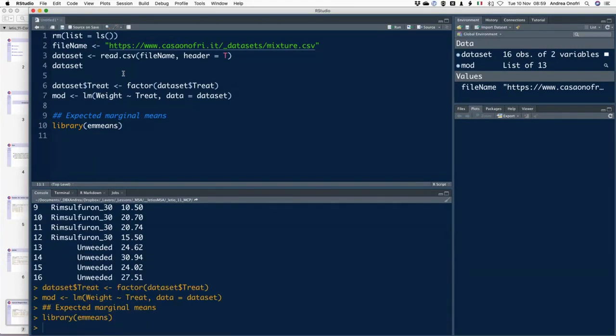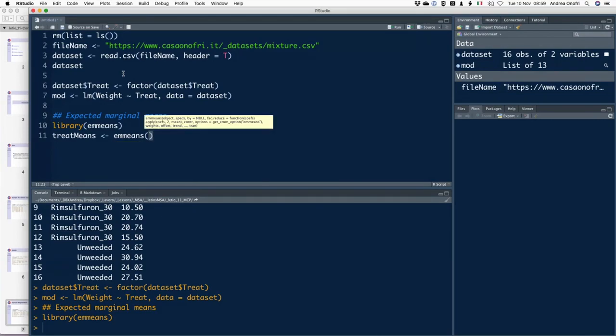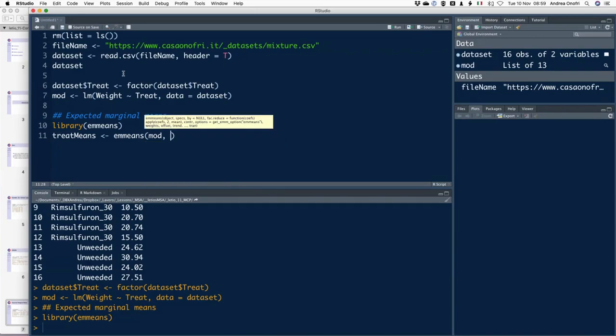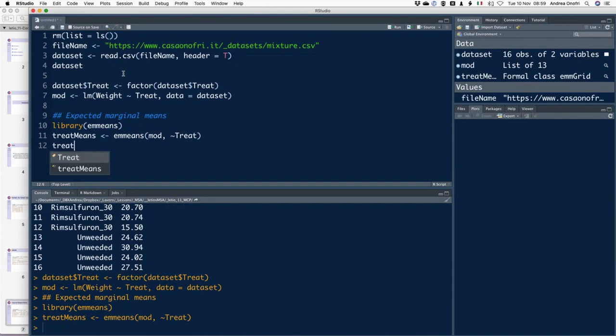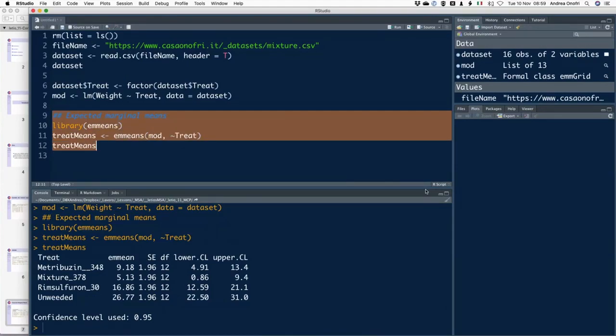And then, for treat means, we use the function emmeans and pass the model object and the effect, that is treat. And we inspect the means. Here we go. Passing you the code as well.